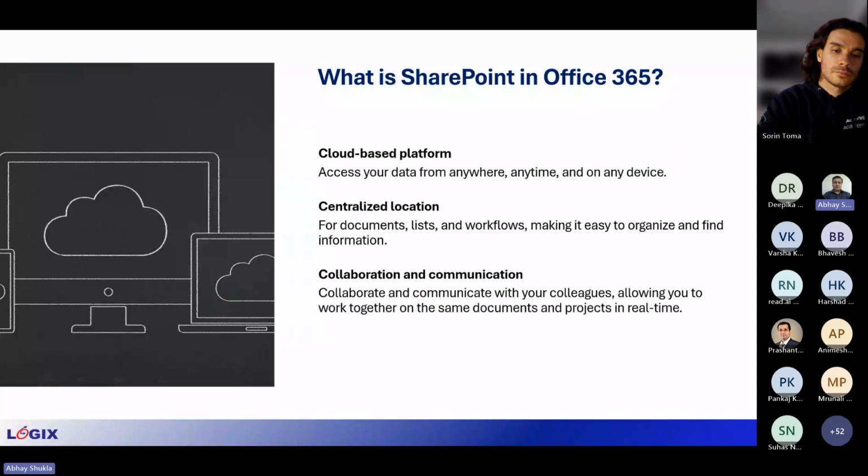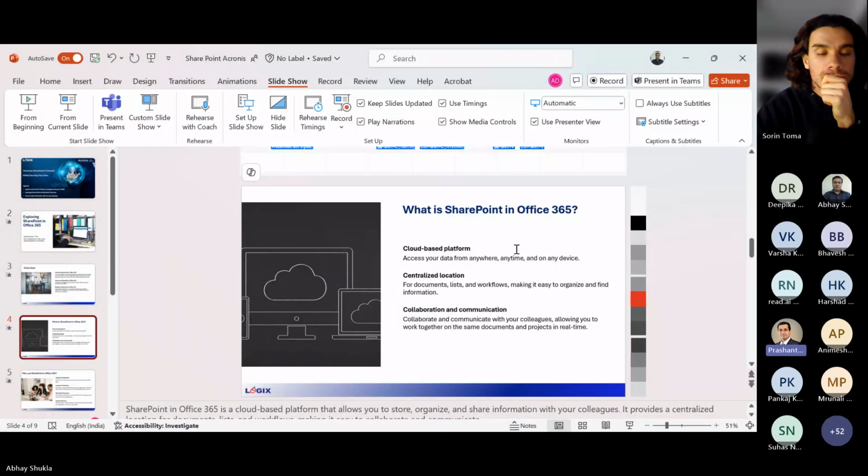A lot of participants are not able to see your screen. Can you please reshare the screen? We are able to hear you very clearly, and we are also able to see your screen properly, but some participants are saying they are not able to see your screen or hear your voice. I guess those participants have to re-login to Teams.